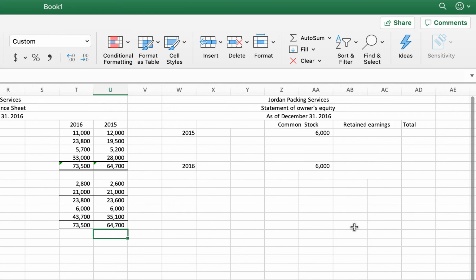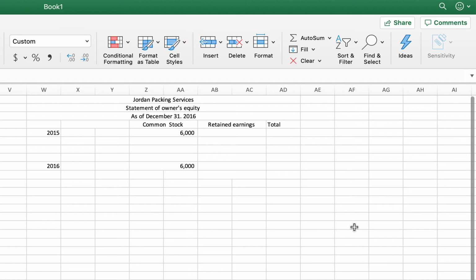So now what I'm going to do is my statement of retained earnings. Okay. The first thing we need to start with, remember I said in an earlier video, one period's ending balance is the next period's beginning balance, right? Said that. Okay. So I know that my 2015 retained earnings are $35,100.